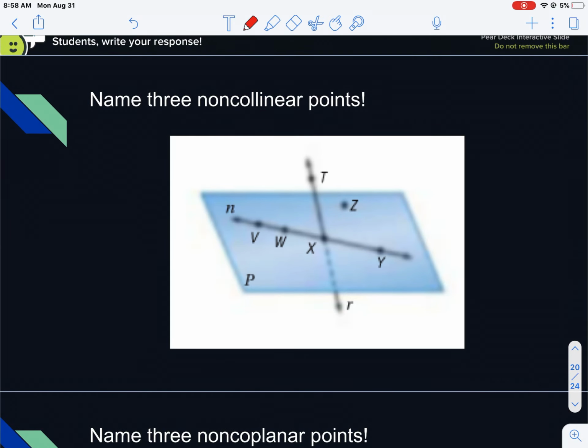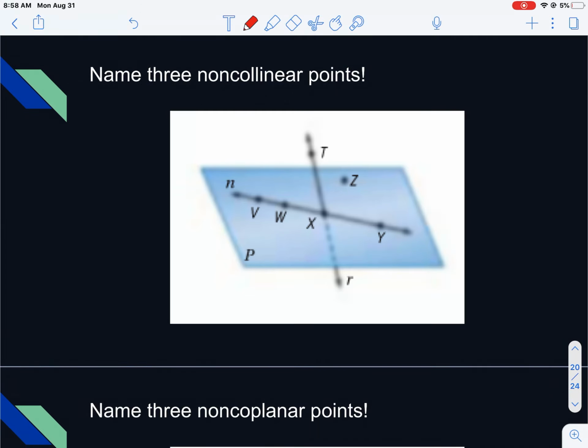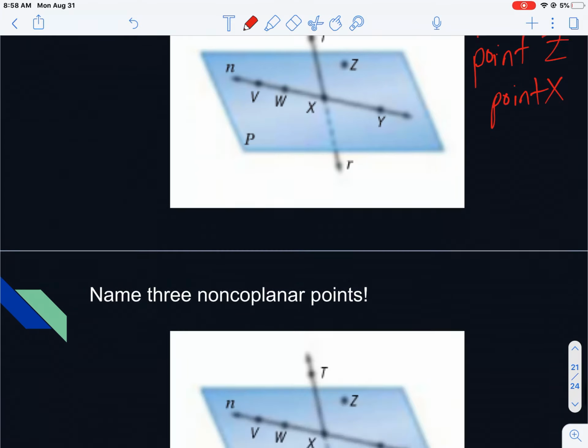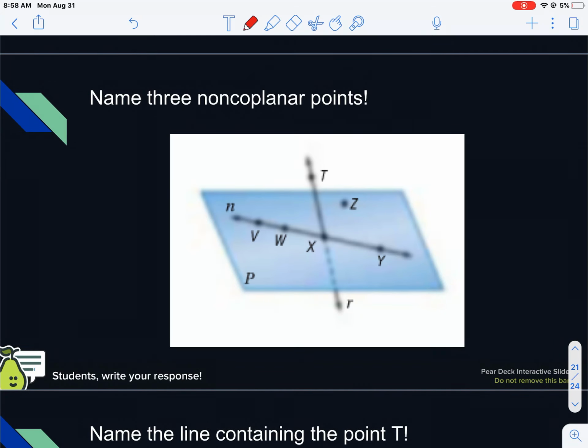Name 3 non-collinear points. So you can name any of them that aren't on the same line. Point T, point Z, point X, whichever. Name 3 non-coplanar points.